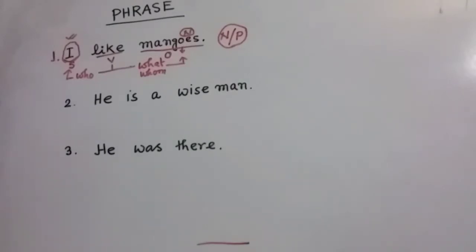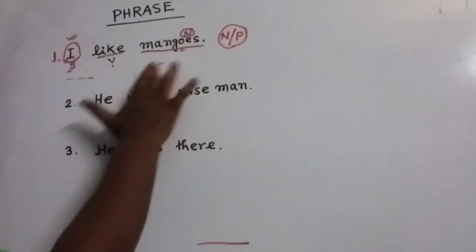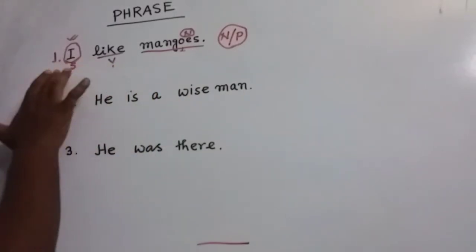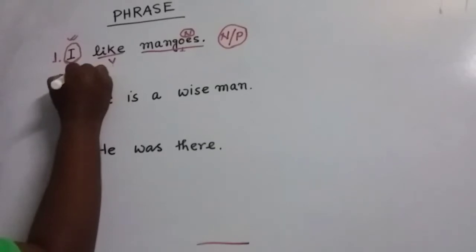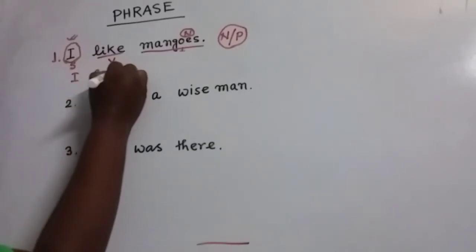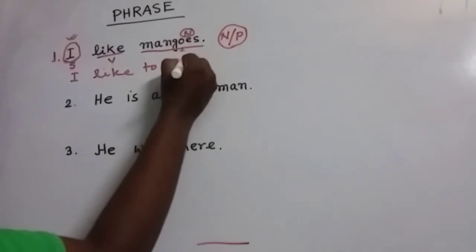My dear friends, we will try to write down this thing in different ways. Let's look at this. First, we have written, I like mangoes. Here, we are writing down, I like to eat mangoes.